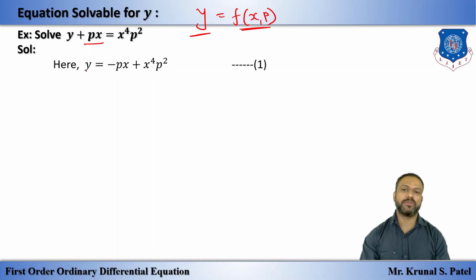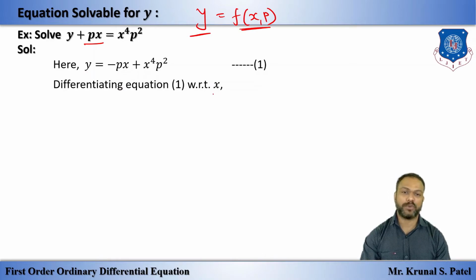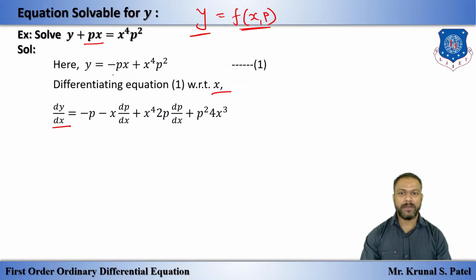Now, whenever we are solving by solvable for y, we have to differentiate this with respect to x. In equation solvable for x, at that time we will differentiate with respect to y, the opposite. So differentiation of y with respect to x is dy by dx. Now we have to use the product rule for this.